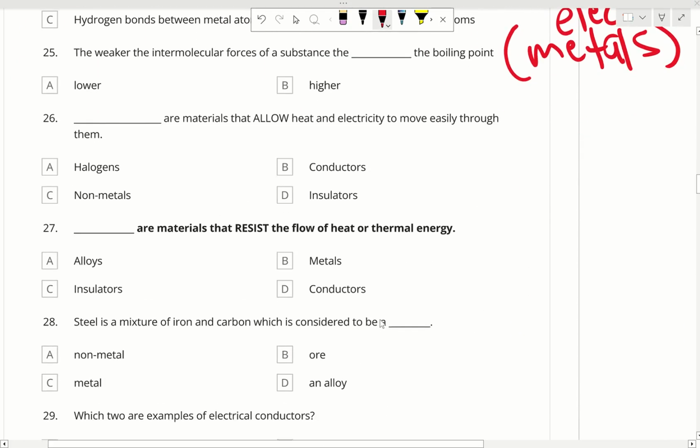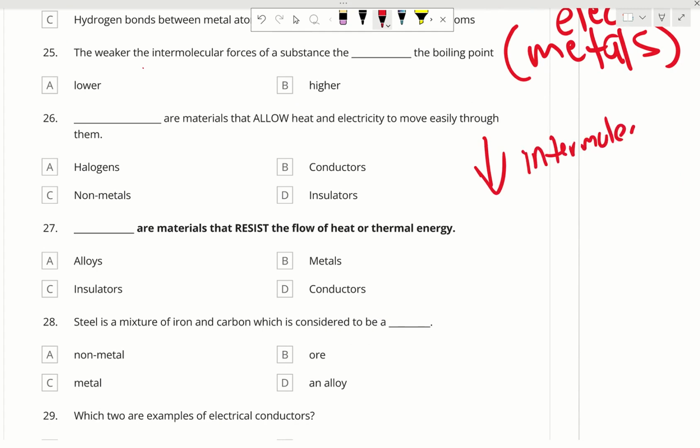Number 25, if the strength of the intermolecular forces is weak, that means the boiling point is less.